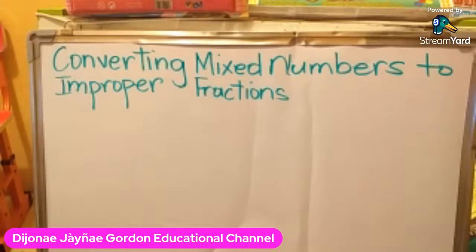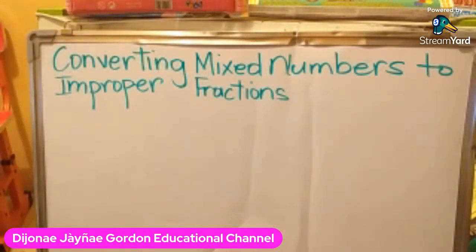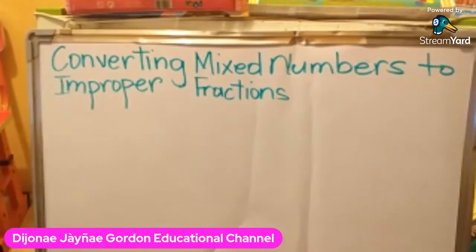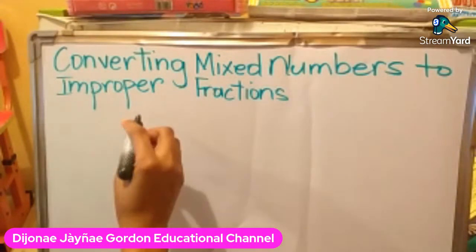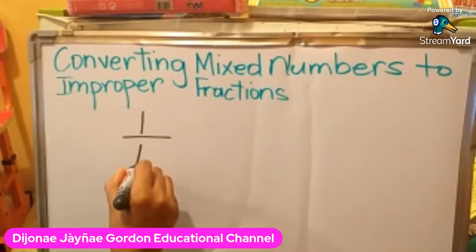What we're going to be looking at today is how to convert a mixed number to an improper fraction. First, when you are looking at a fraction, you need to be reminded that a fraction is made up of a numerator and a denominator.